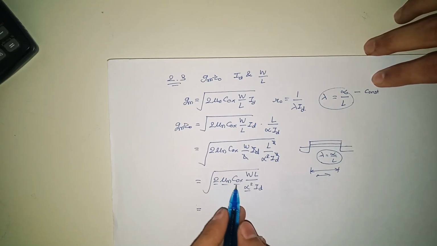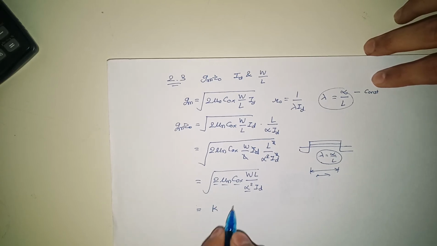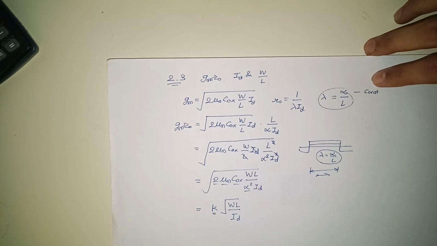This will act as one constant number here, so the equation will be K times the square root of WL upon ID. K is a constant, and this is gm·ro.